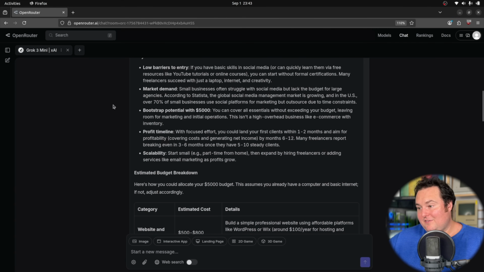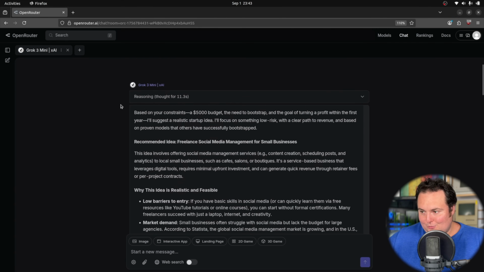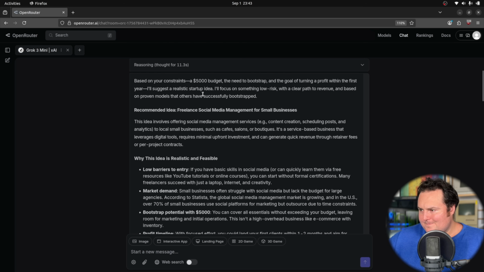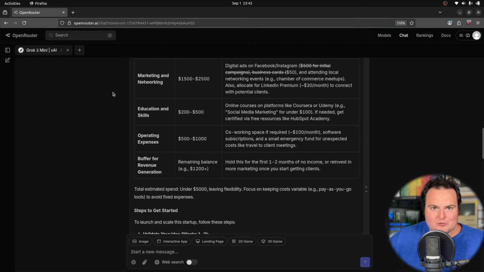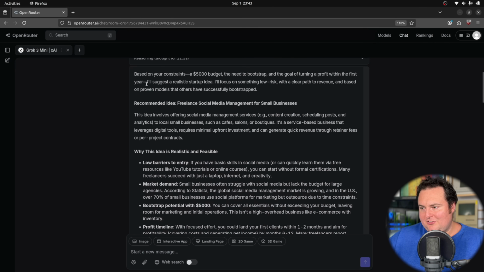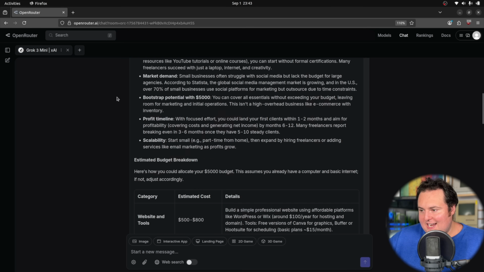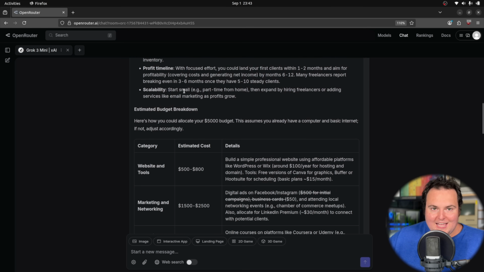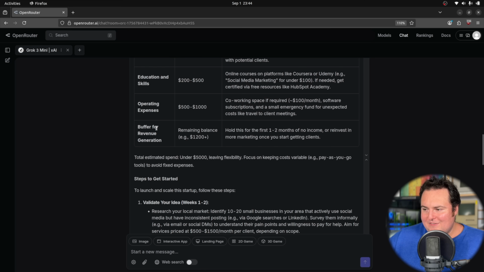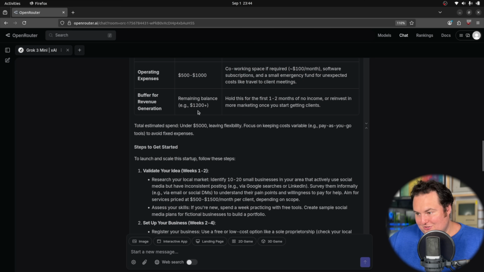This, just based off of the length of the result right here, is quite impressive, so I'm actually going to take some time and read through this and then give a judgment of it. Grok suggested a single specific idea, which was basically to offer social media marketing services to small businesses. Beyond that, it gave us why it's realistic and feasible, a budget breakdown, and it even kept a buffer for not making any revenue for the first 1 to 2 months, which is quite impressive.